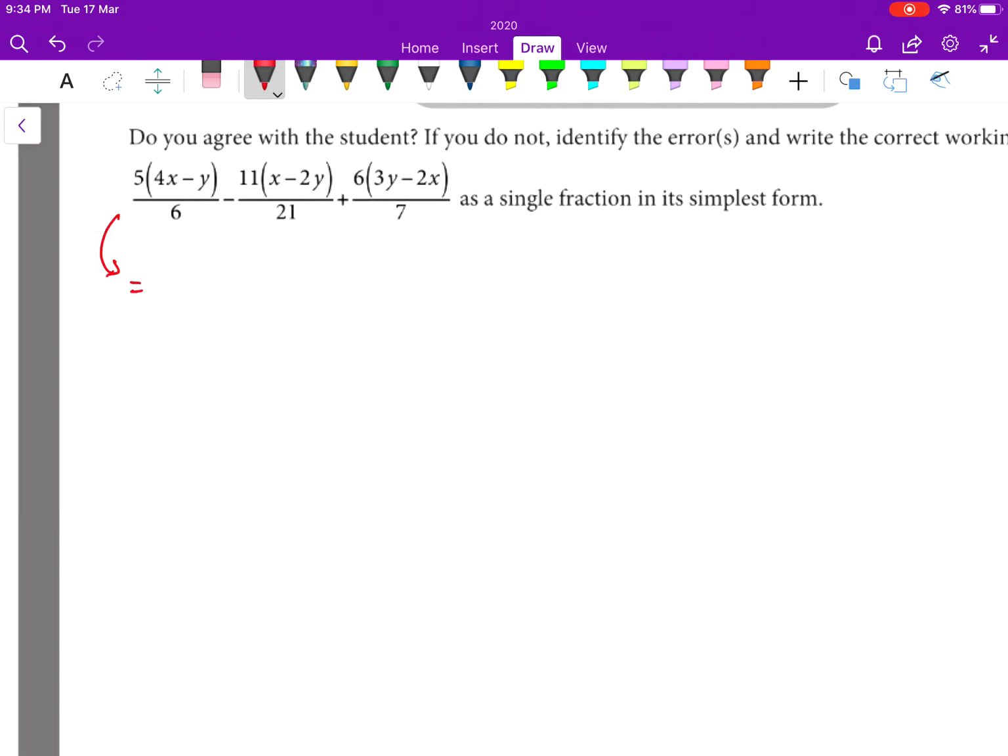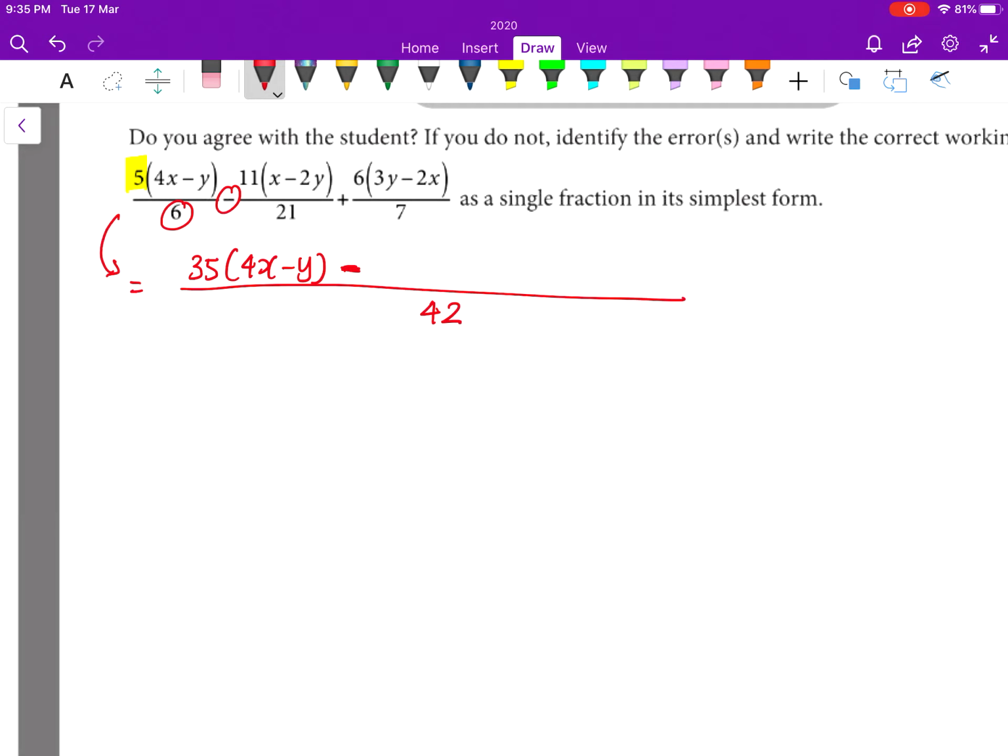So, I will do a long line here and straight away write the common denominator 42. So for 6 to change to 42, I multiply by 7, right? So 5 must also multiply by 7 to get 35. 4x minus y. Okay, then I have a negative sign here, so it's a minus.